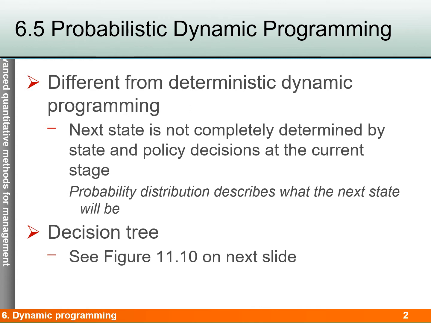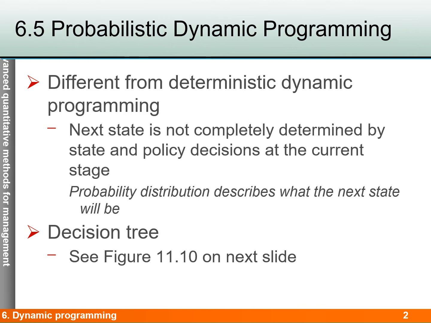Probabilistic dynamic programming differs from the deterministic dynamic programming that we learned in the previous parts in that the state at the next stage is not completely determined by the state and policy decision at the current stage.